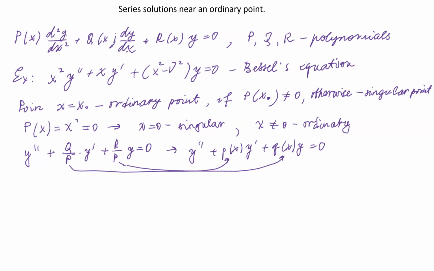Okay, so for now, guys, we are going to work only with ordinary points. And what is important is that in a neighborhood of an ordinary point, the solution can be represented as a power series.